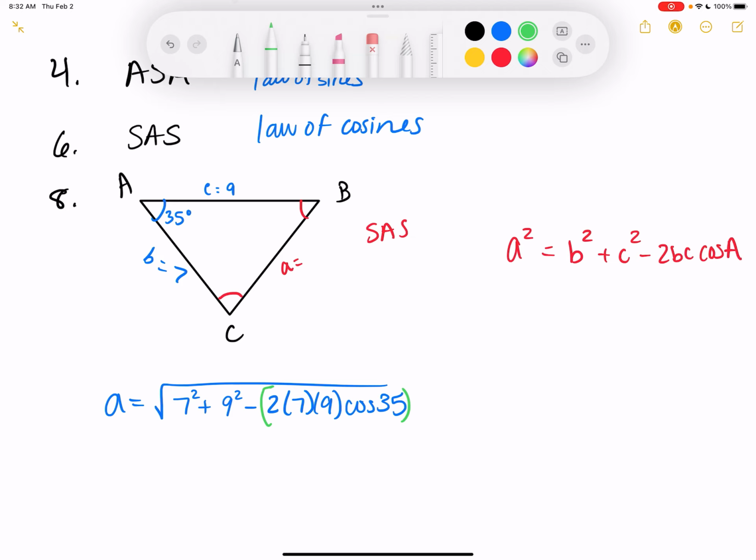And again, we'll do nearest whole number, which is much more important for law of cosines than it was for law of sines. Let me go ahead and note over here the stuff we're finding.